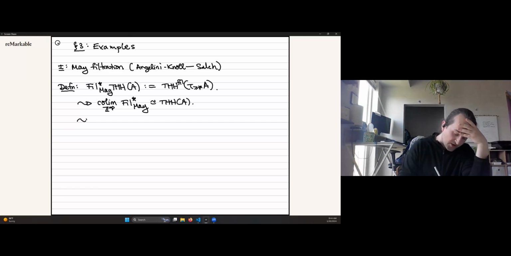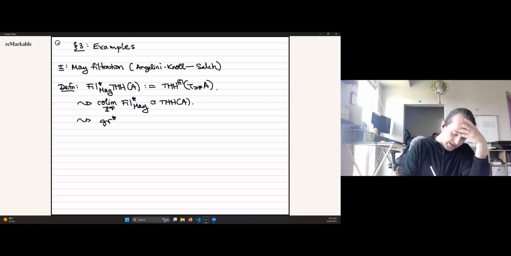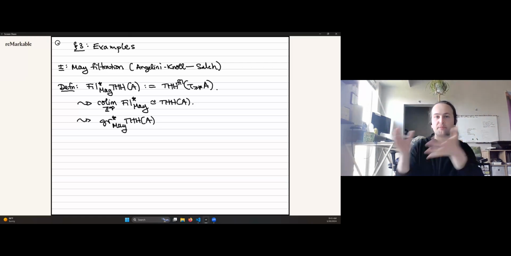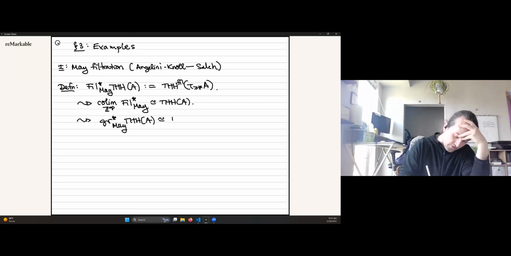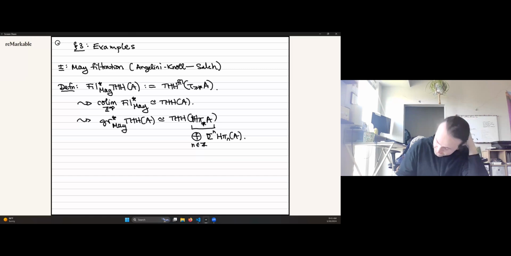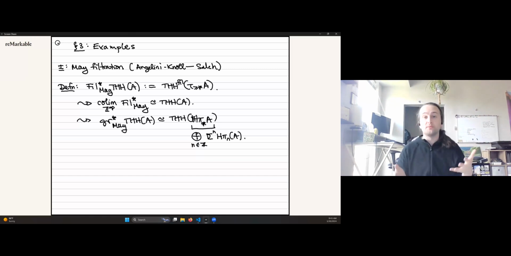And then we also know that the associated graded of the May filtration, and I'm going to conflate the underlying and the actual graded spectrum a couple times here, so I apologize for the abuse of notation, is actually given by the THH of Hπ_*(A), the generalized Eilenberg-MacLane spectrum associated to A. And if A is a ring spectrum, then this will also be a ring spectrum.